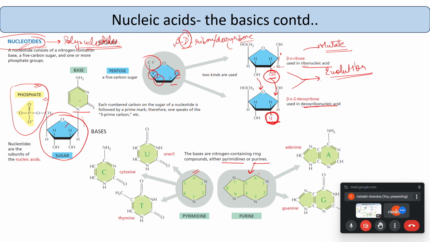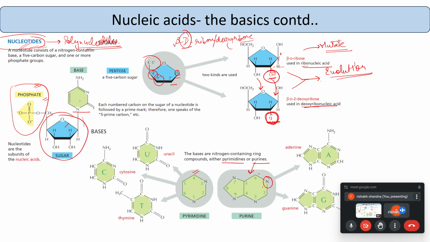Okay, so this is the chemistry part. I'm not going into that detail of why they are purines and pyrimidines, but we'll remember the numbering that is followed here. This numbering will help you in nucleotide synthesis also. In purines, the numbering starts from this particular end.